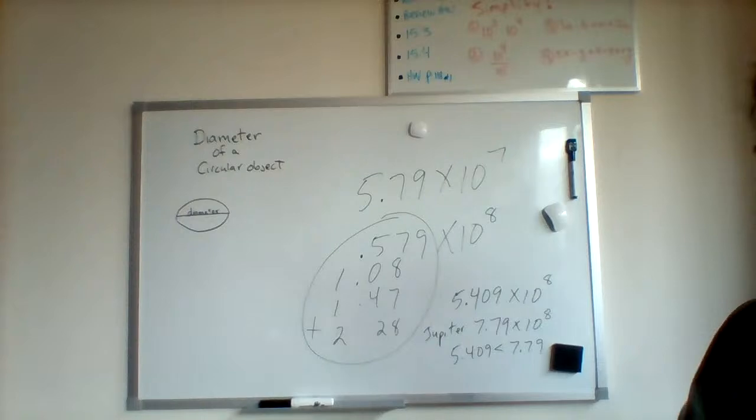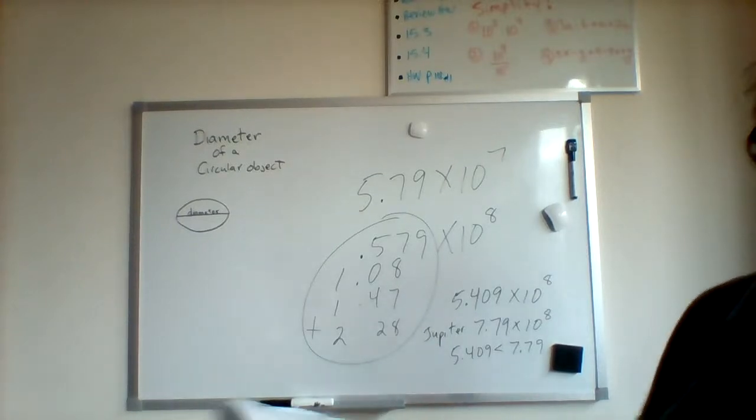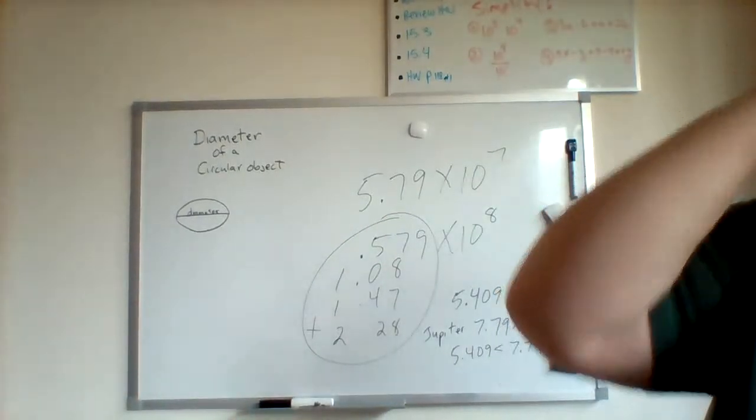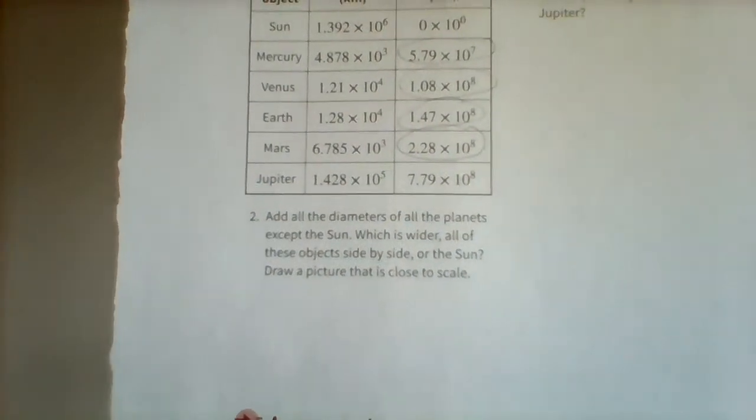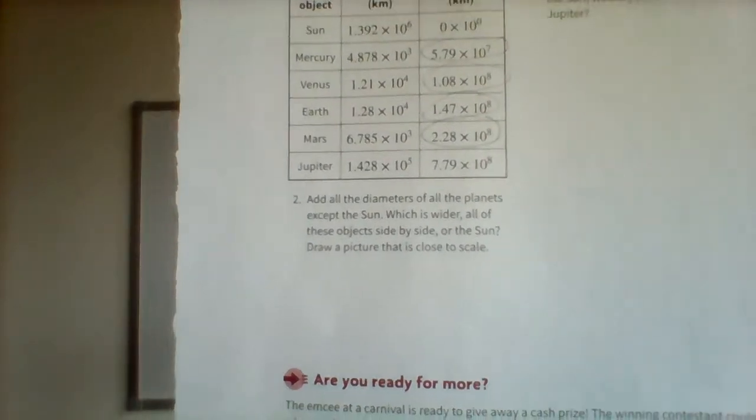Okay, let's move on to number 2. Number 2 says that this time we're going to add up all the diameters. And that's why I went over what diameter was.